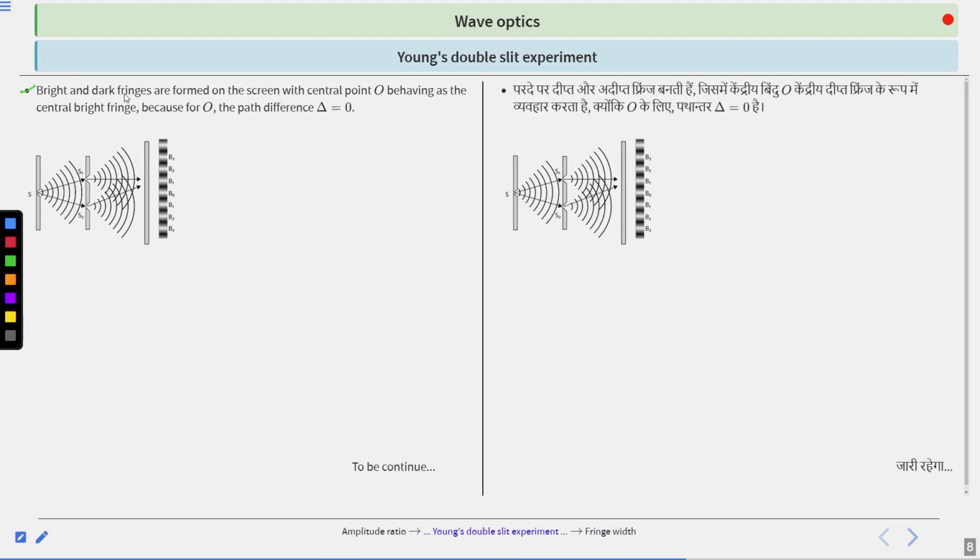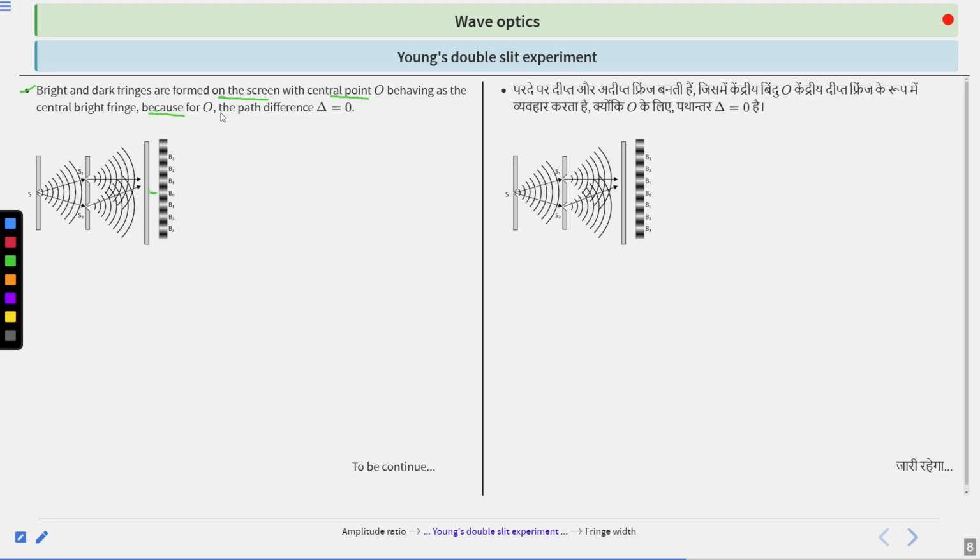Bright and dark fringes are formed on the screen with central point O. This is the central point O. It behaves as the central bright fringe because the distances from S1 and S2 to this point are equal.